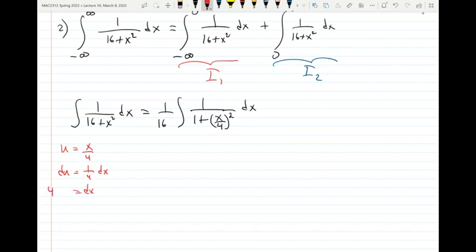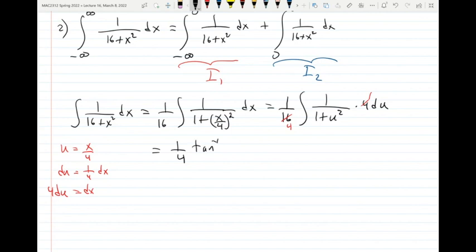So dx is 4 du. So this is equal to 1 over 16, the integral of 1 over 1 plus u squared times 4 du. So the 4 comes out, cancels with the 16. So I get 1 over 4, and then the integral of 1 over 1 plus u squared, this is arctangent of u. This is inverse tangent of u, and u is x over 4.